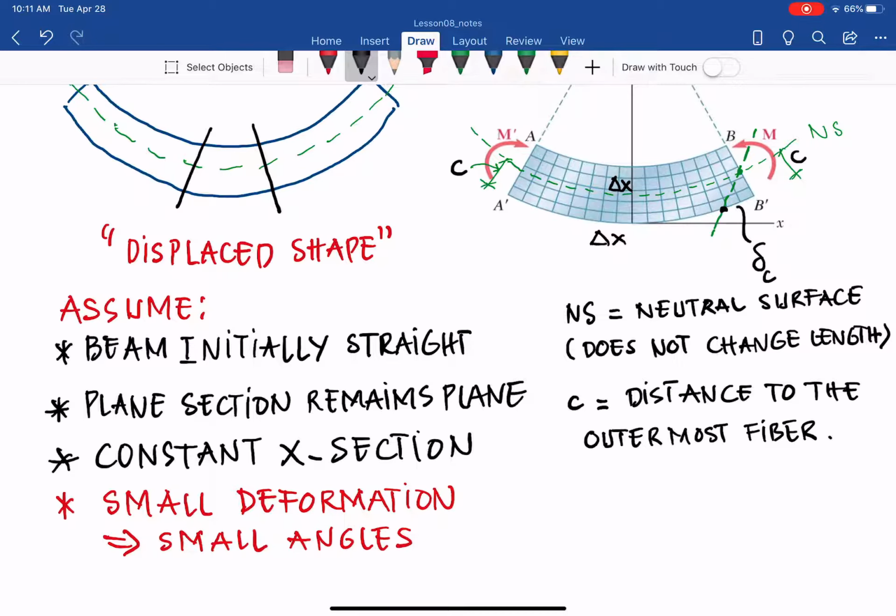So as you can see, if I call any position between the neutral axis and outermost fiber, the distance from the neutral surface to that point, I call it y, and the displacement at that point y will be delta y.